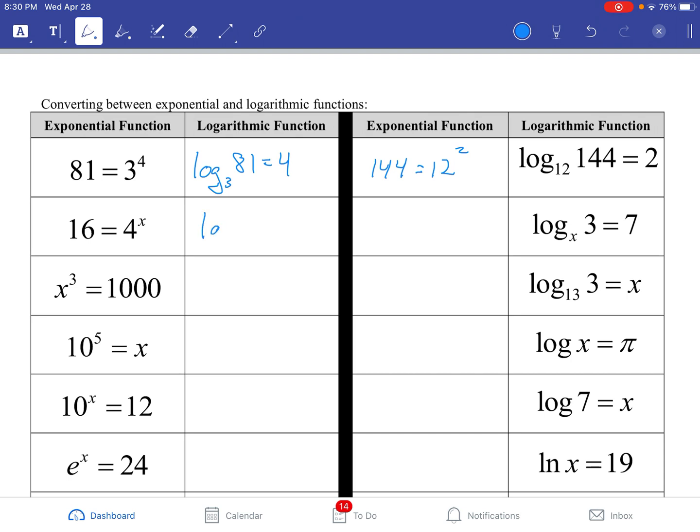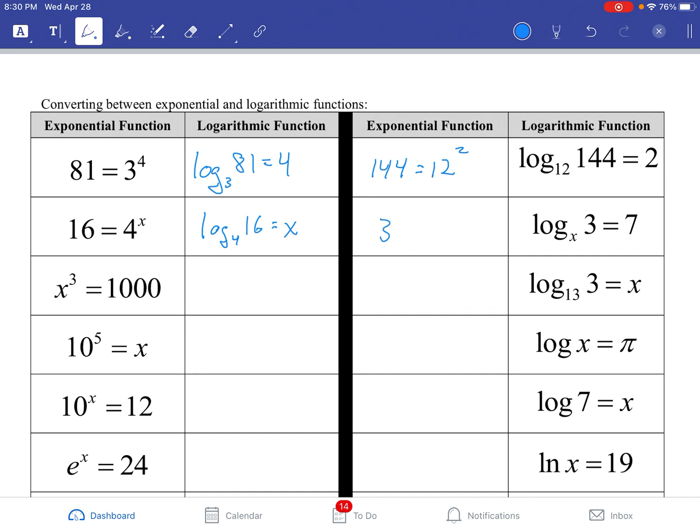Next, we have log base 4 of 16 equals x.